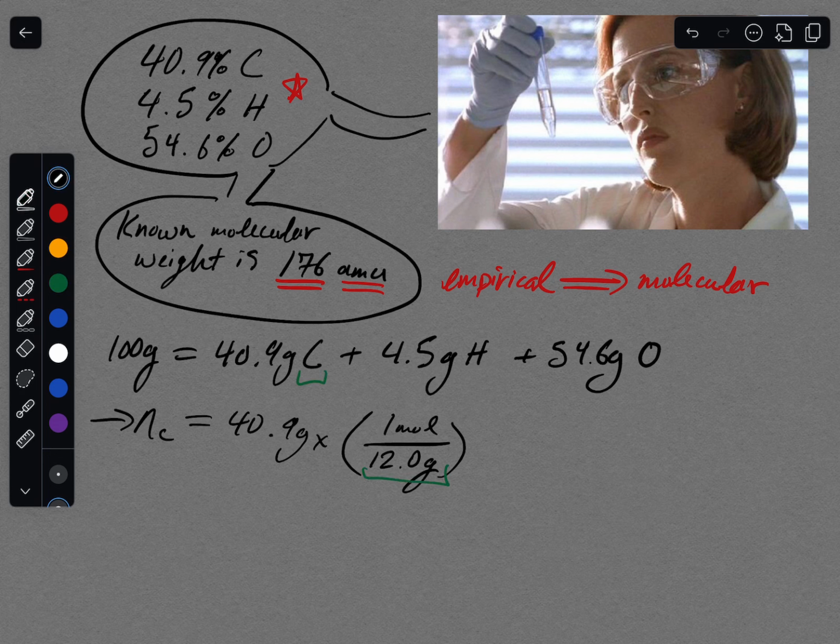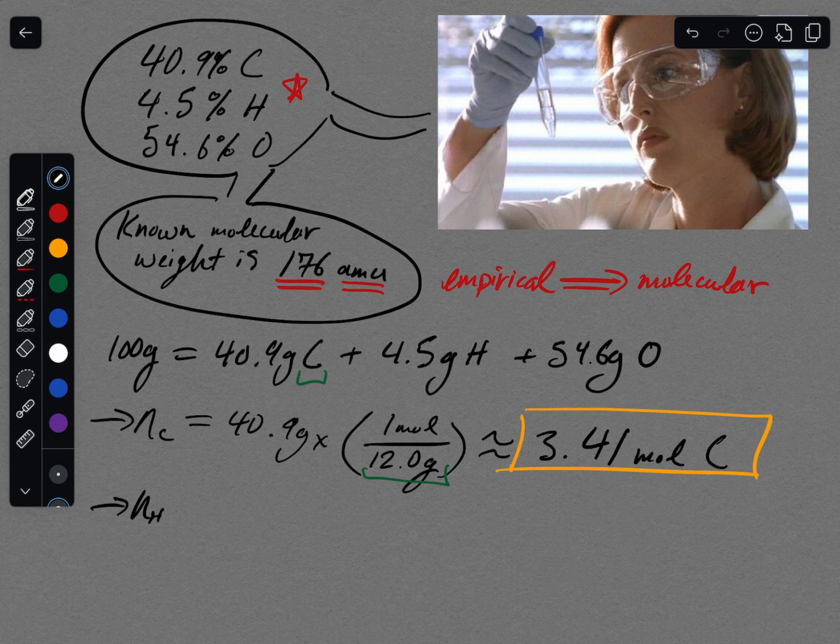Okay, carbon. And this comes out to be about 3.41 moles of carbon. And again, we'll hold on to that.